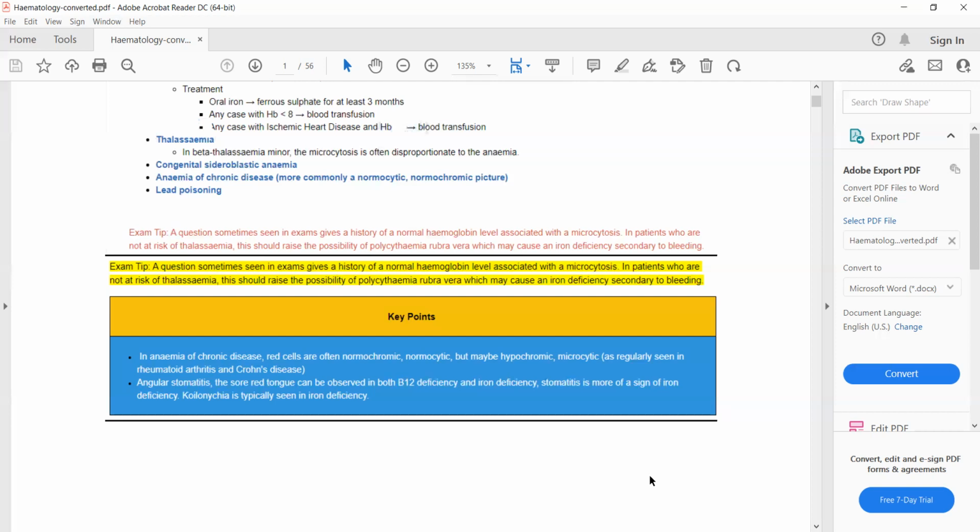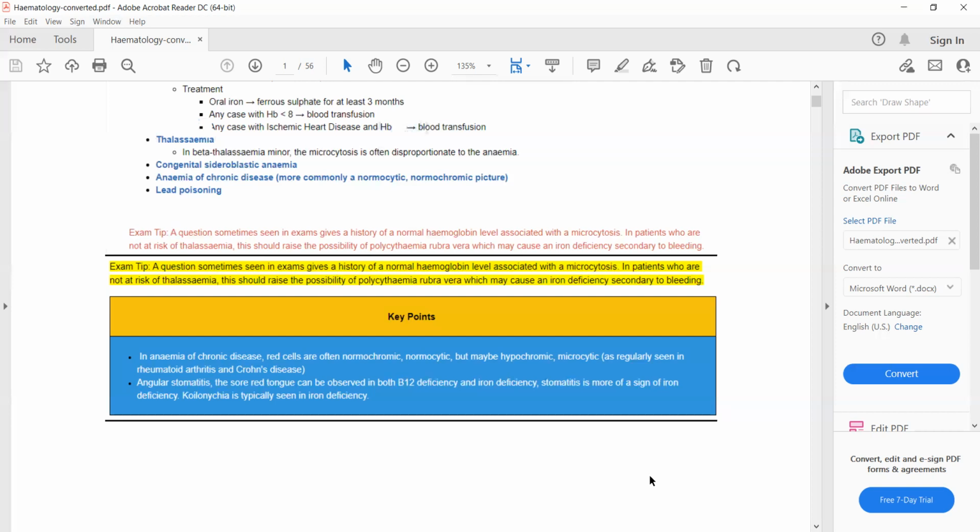Remember that in chronic diseases, anemia of chronic disease, the red blood cells are often normochromic and normocytic, but sometimes they can be microcytic and hypochromic. There are two chronic diseases that you need to remember specifically, which can be associated with microcytic and hypochromic anemias, and that is rheumatoid arthritis and Crohn's disease.